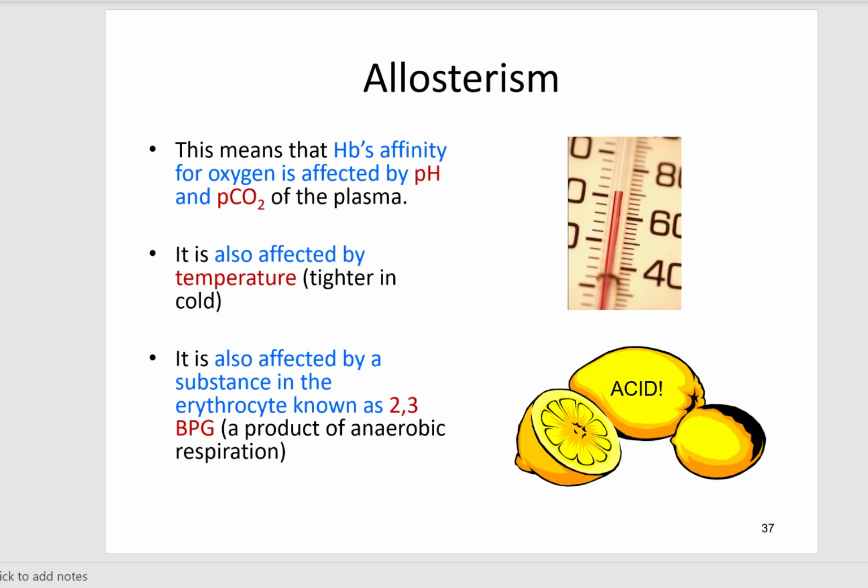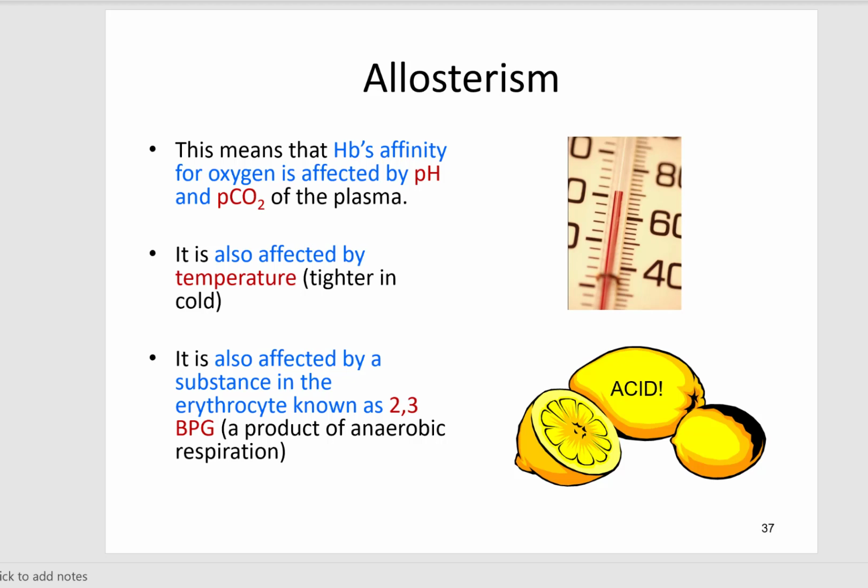These four natural changes are pH, think hydrogen ions, acidity versus basic conditions, and CO2, a waste molecule, a waste gas that I told you to think of as slightly acidic.